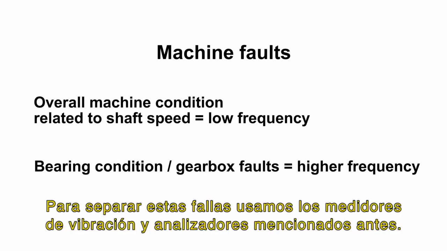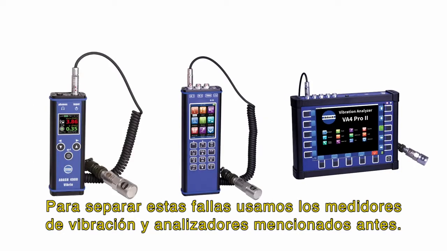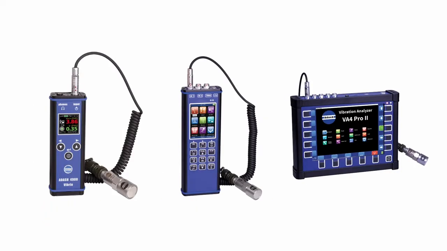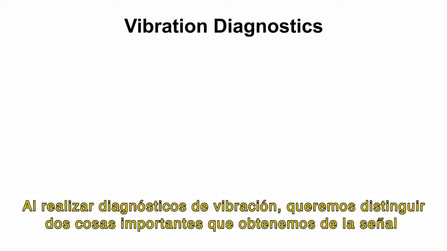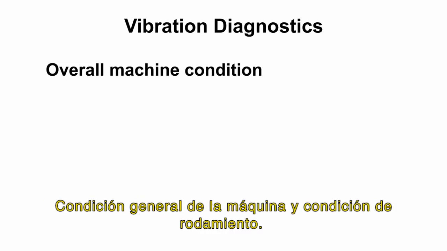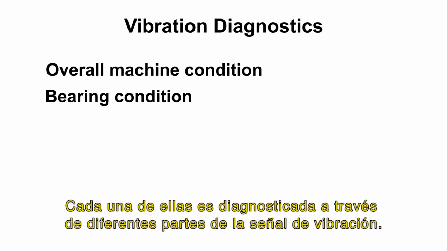To separate these faults, we use the vibration meters and analyzers mentioned before. While performing vibration diagnostics, we want to distinguish two important things which we get from the signal: overall machine condition and bearing condition, as each of them is diagnosed from different parts of the vibration signal.